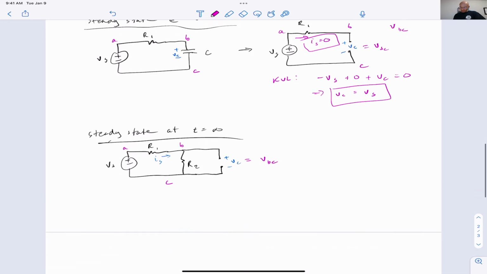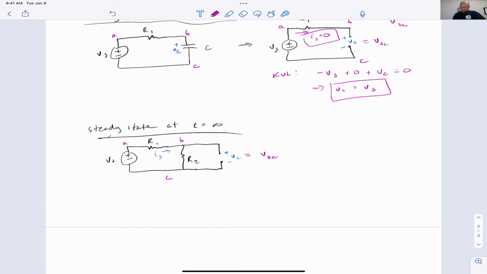That's the whole idea. And if you pay attention to this current IS, well, R1 and R2 are connected in series because at node B they are connected, but there's no other current carrying connections there. So this is also IS going through R2. And so we can get the voltage from B to C. It's just the voltage across R2.